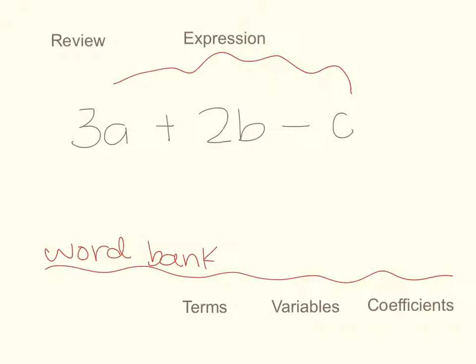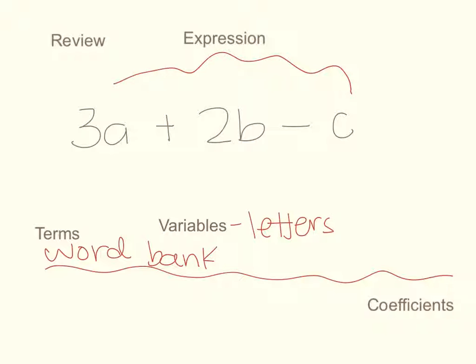Within our expression, we have a couple of vocabulary words. Our terms. So these are terms separated by the addition and subtraction. 3a is a term, 2b is a term, and c is a term. Okay? So those are our terms. And then inside of those terms are our variables. Here we have the variable a, b, and c. Okay, so variables are the letters, and they can change depending on what the problem gives us as our variable.